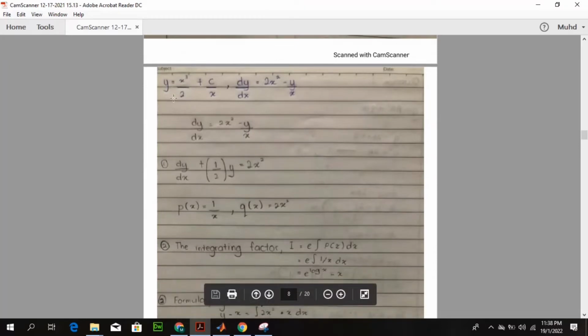We go to B question. y equal to x power of 3 over 2 plus c over x. And then the differentiate is dy over dx equal to 2x square minus y over x.